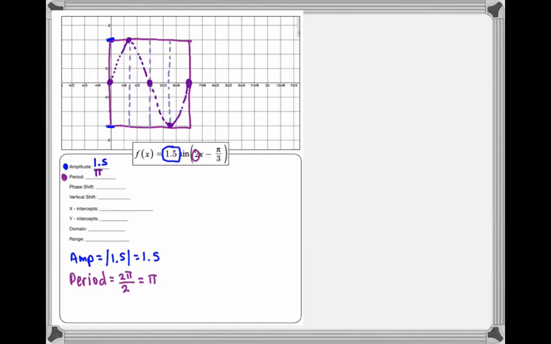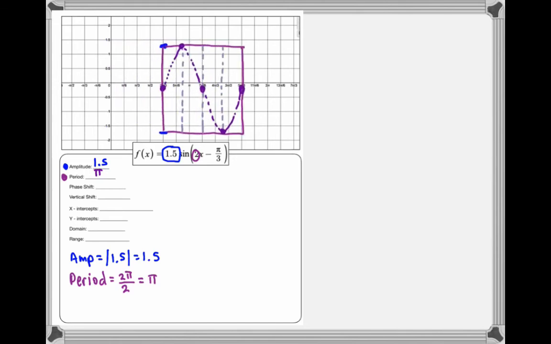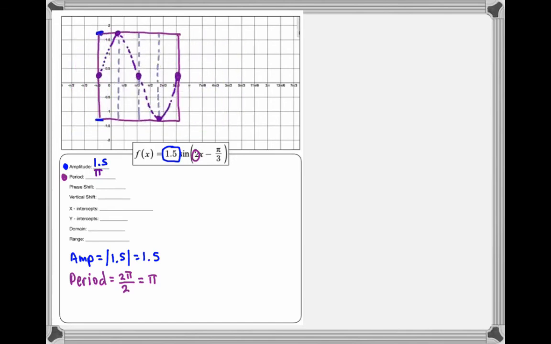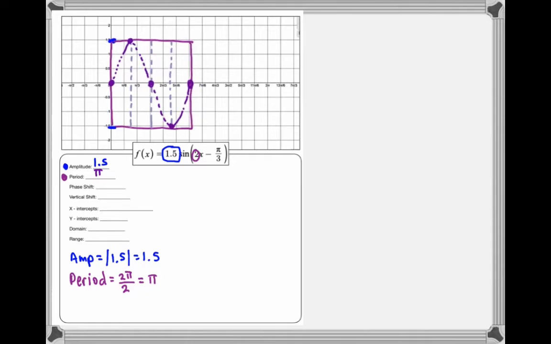Now what we need to do is account for the phase shift, which is going to make this cutout move to the right or to the left some. Let's see how that works out. The phase shift is C over B, where this is C and this is B, and we move in the opposite direction of that sign.